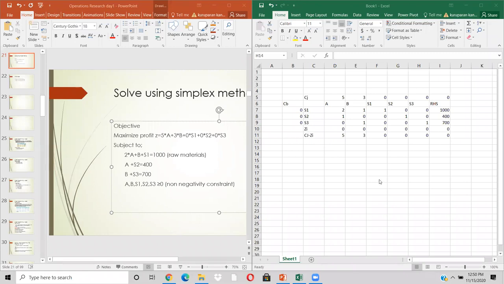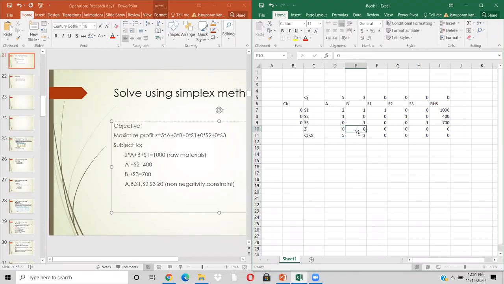I will again explain how we get Zj here. Zj is calculated by multiplying this; for this one, you have to look at this column. 2 times the respective value, which is 0, so 2 times 0 plus 1 times 0 plus 0 times 0. By solving this, you will get 0.